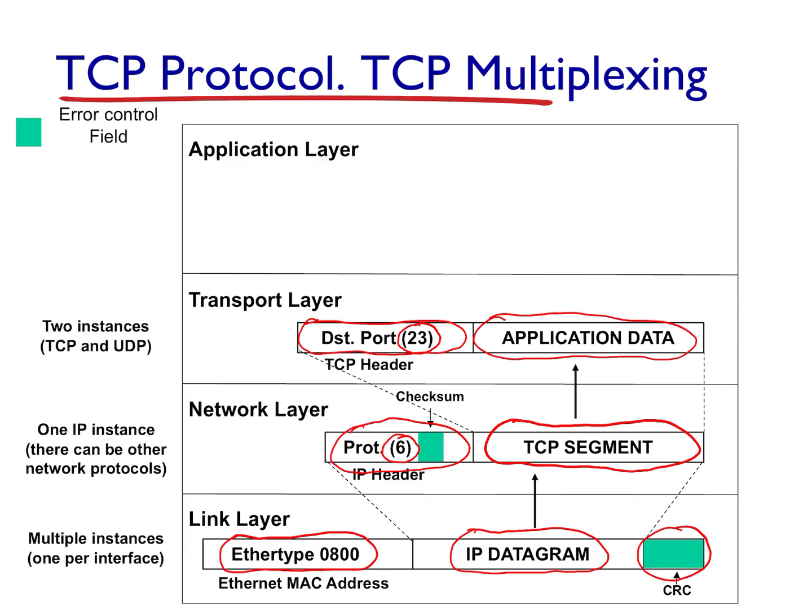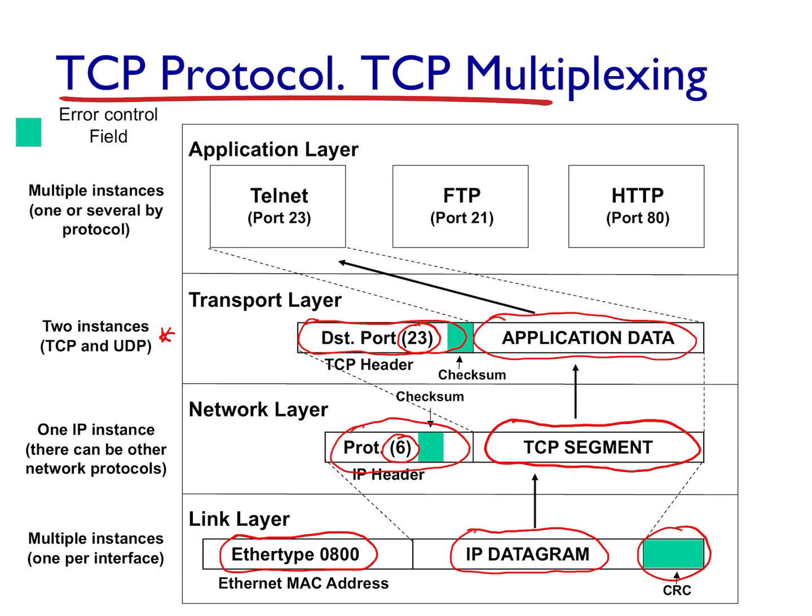If we look at the left of the stack, we have two different instances depending on the transport layer we are talking about, TCP and UDP. And finally, if we move the application data, the payload of the TCP segment, in this case, to the application layer, we will have the application-specific message, the telnet message in this case.